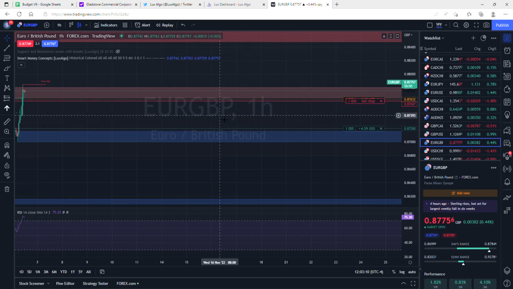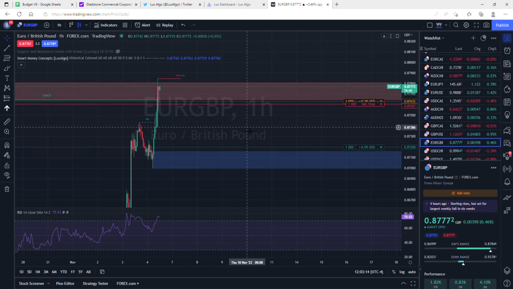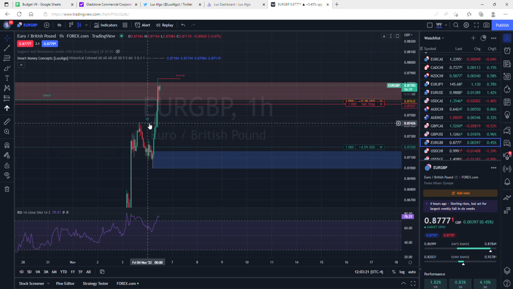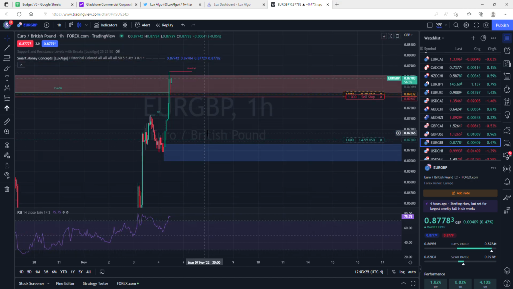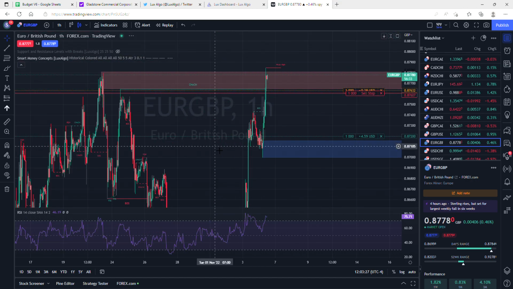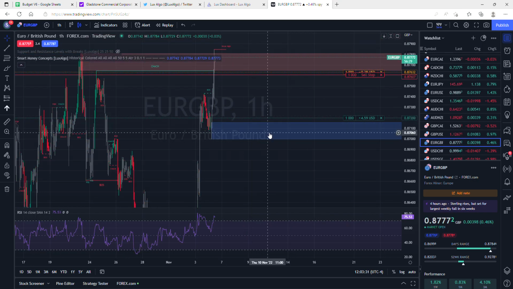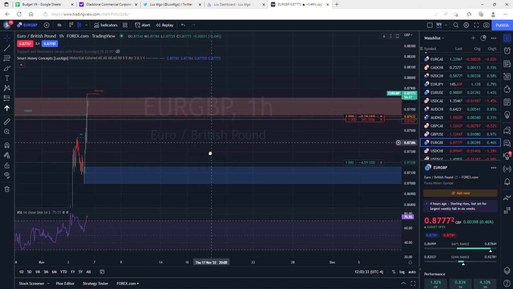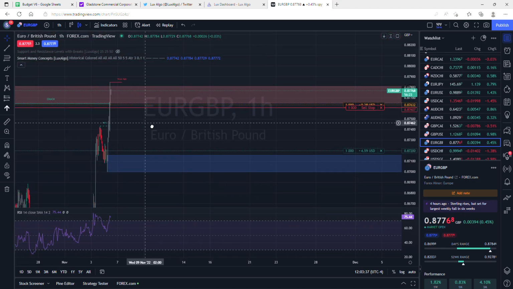You can see here's another setup to the short side. I'll zoom in a little bit for you guys. So basically what you're looking for is a breakout to the downside, take profit right before here. You did have your break of structure here, but huge upswing. With these, as quick as it goes up is as quick as it's generally going to come back down, or at least test this point and reject back up. So that's what a short entry would look like.